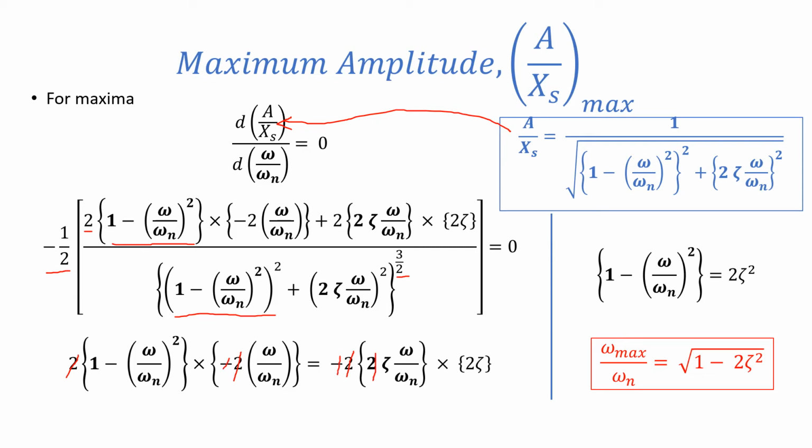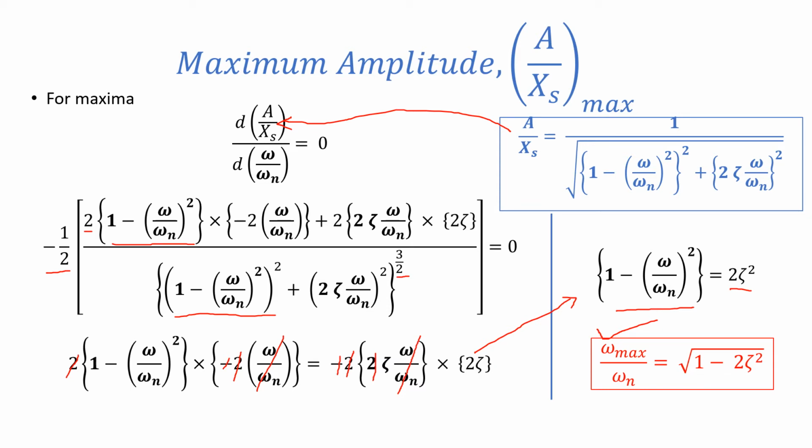The omega by omega n term cancels out with another omega by omega n term, and on simplification results in 1 minus omega by omega n whole square equal to 2 zeta square. When we rearrange, this gives the frequency ratio, omega maximum to omega n, the maximum frequency of excitation at which we will get the maximum amplitude, which is under root 1 minus 2 zeta square.